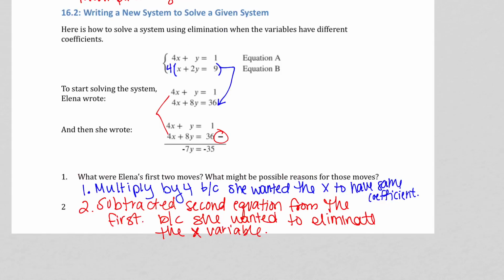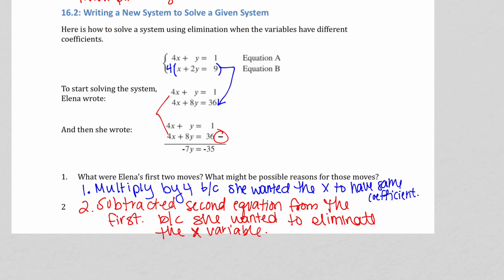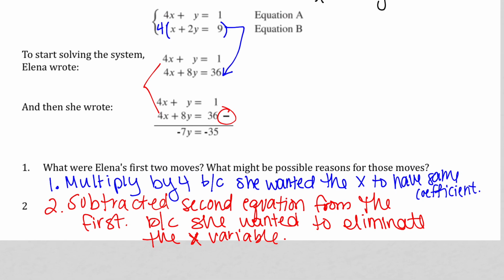Actually, let's stay here because the next step is to finish solving the equations to where we show that we have x is -1 and y is 5. So we're looking for x equals -1, y equals 5. So what do we need to do to her system right here to solve for y?